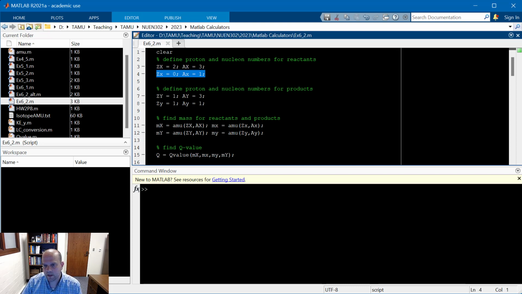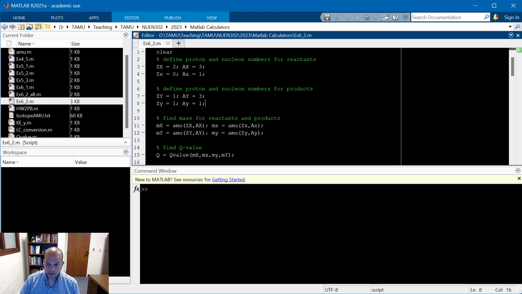That's my projectile. It's a neutron, so I don't have any protons, and I have 1 nucleon. And on the other side of the reaction, I've got tritium, and so that's going to have 1 proton and 3 nucleons. That's my heavy product, and my light product is just going to be a proton. 1 proton and 1 total nucleon.